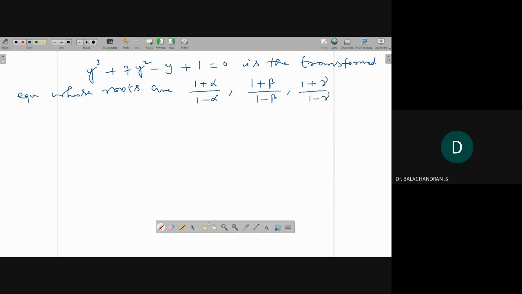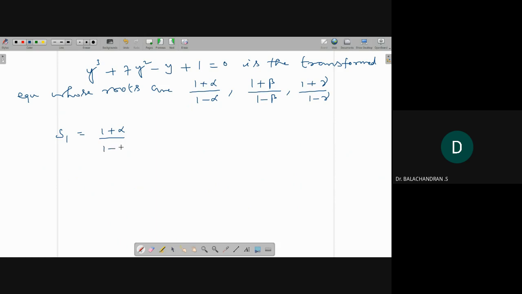Now I need the sum of these roots, that is S1: 1 plus alpha divided by 1 minus alpha plus 1 plus beta divided by 1 minus beta plus 1 plus gamma divided by 1 minus gamma is equal to minus coefficient of y square divided by coefficient of y cube, minus 7 divided by 1, that is equal to minus 7. So that's all.